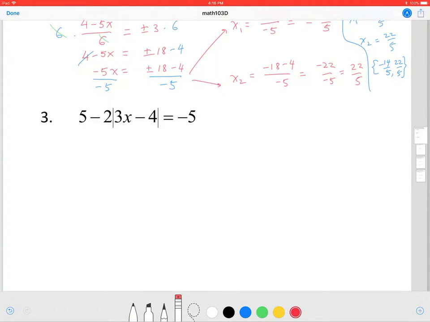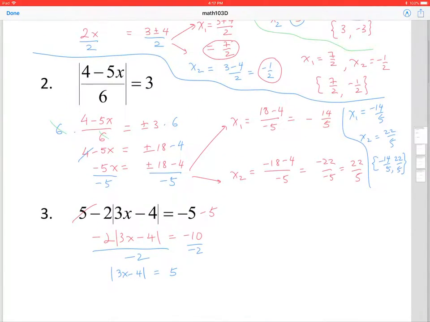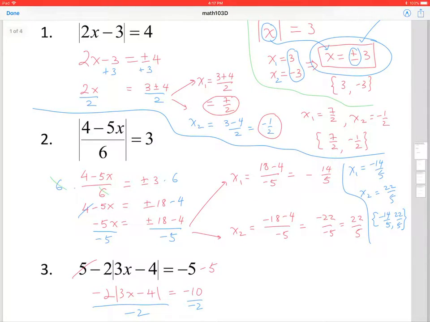First, subtract 5. So we have negative 2 times the absolute value of 3x minus 4 is equal to negative 10. Then divide the whole thing by negative 2. That gives us the absolute value of 3x minus 4 is equal to positive 5. Now this problem has turned out similar to problem number 1.